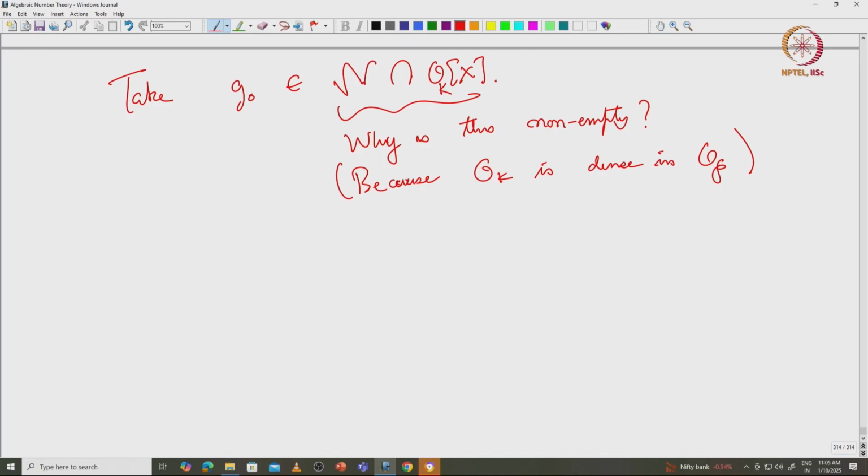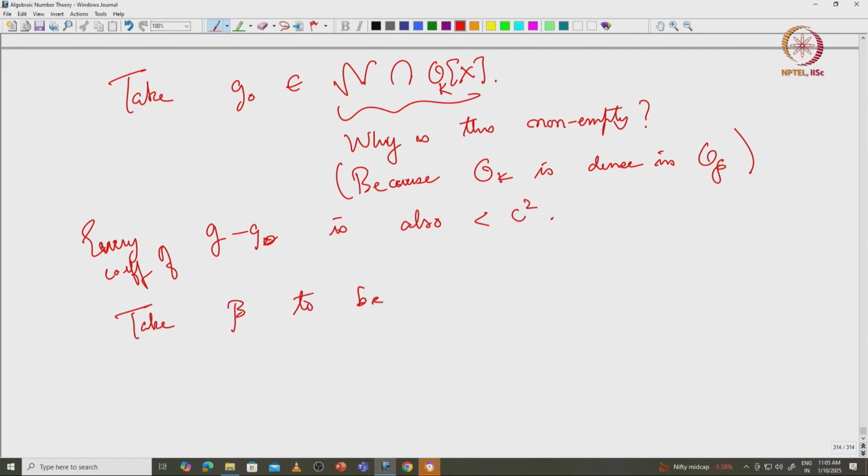Now, because of being an ultrametric, every coefficient of g minus g 0 is also strictly less than c squared, right. So, now take beta to be any root of g 0.